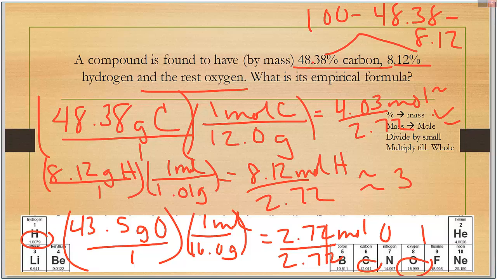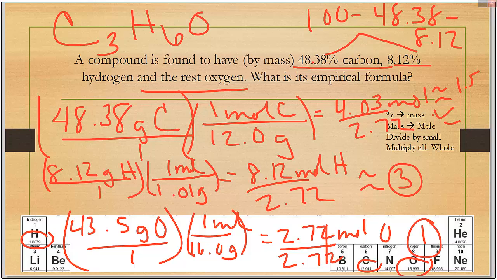Once again, we have a half there, so to get rid of the half, we multiply everything by 2. I ran out of room on the bottom, so I'm going to put it on the top. 1.5 times 2 is 3, 3 times 2 is 6, and 1 times 2 is 2. So that's C3H6O2.